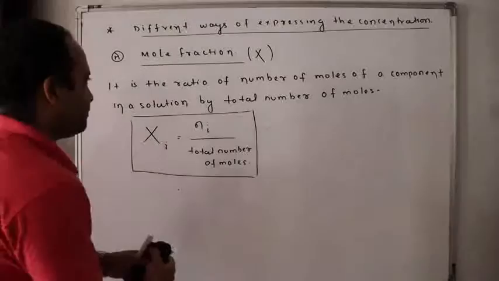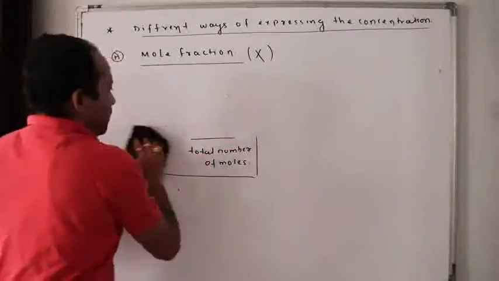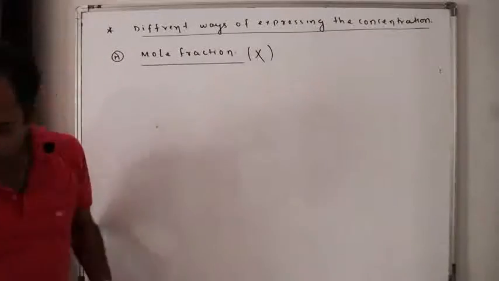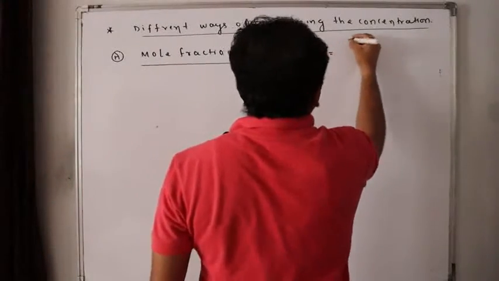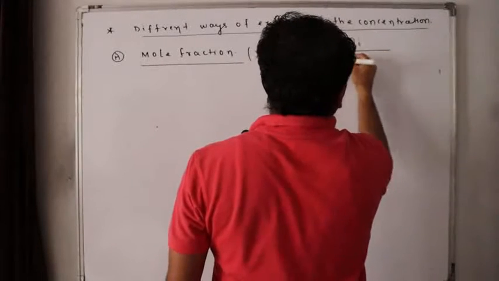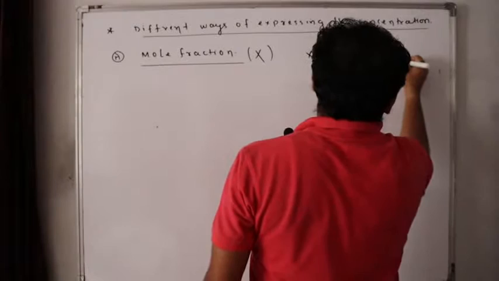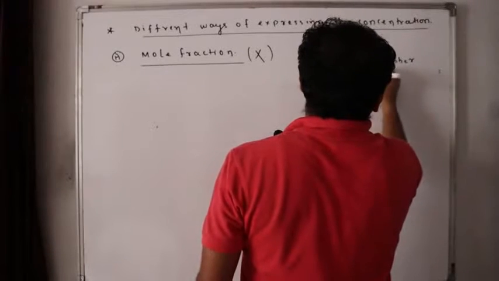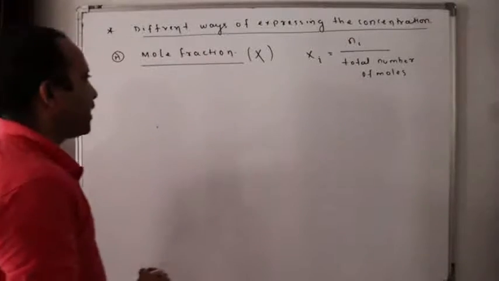Chalo, copied. Mole fraction. Let me go for an example. What is the formula of the mole fraction? I am just writing here. Mole fraction of a component is equal to number of moles divided by total number of moles. Now, let us go for a question.